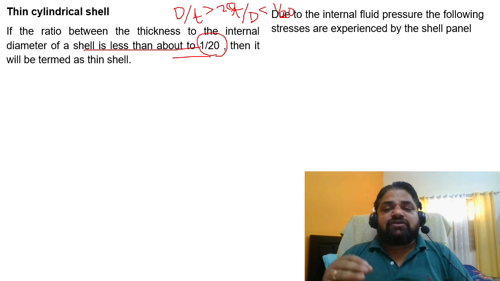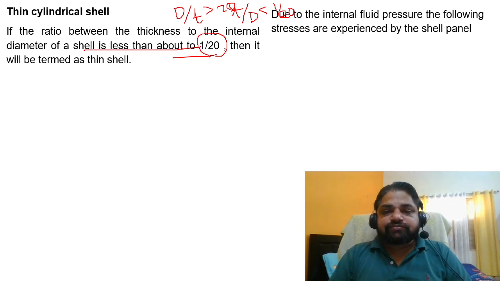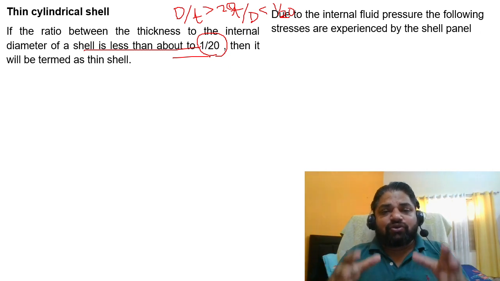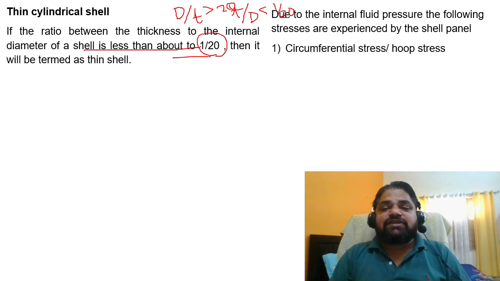Similarly, all these kinds of structures, geometries or shells are under internal fluid pressure. The fluid may be either gas or liquid, and the whole structure may experience these stresses.